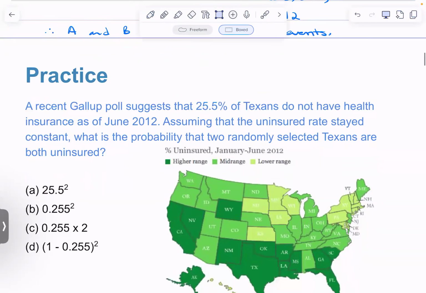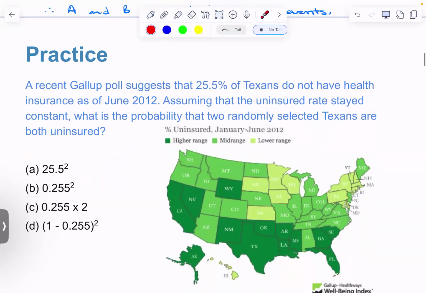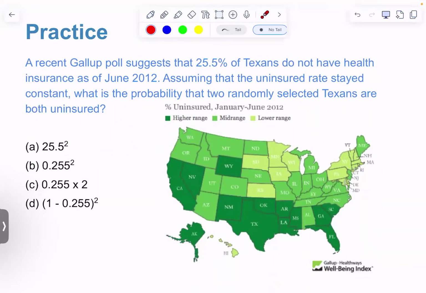A recent Gallup poll. Gallup does a ton of research, a ton of surveys, and a Gallup poll suggests that 25.5% of Texans do not have health insurance as of June 2012, so quite old, I guess.